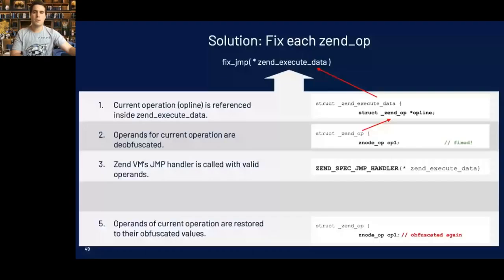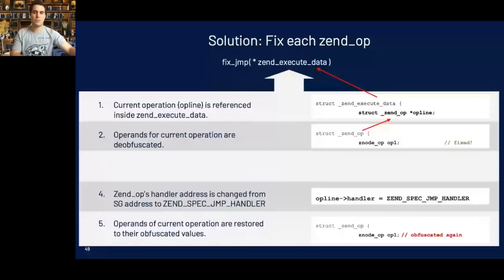I allowed the deobfuscation to occur, but instead of allowing the jump handler to fire, I set that jump instruction handler to just point to the Zend jump handler. And then I didn't allow the operands to re-obfuscate. So in essence, I'm fixing that jump instruction.